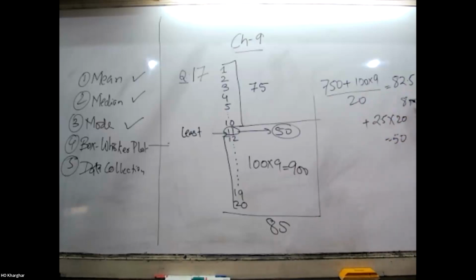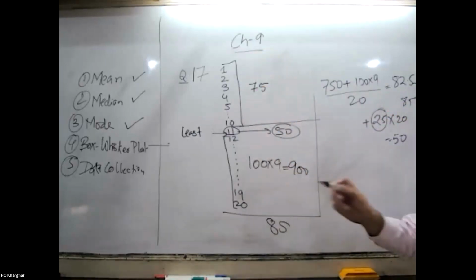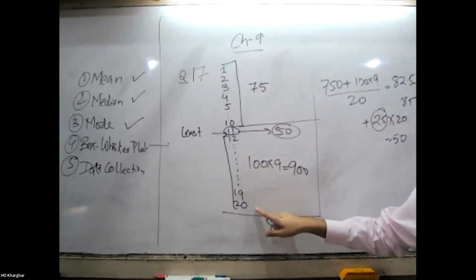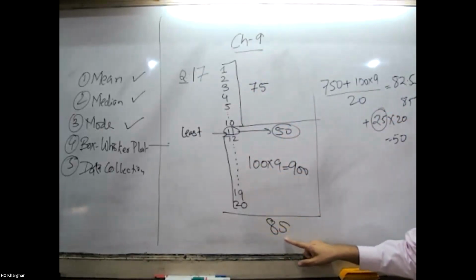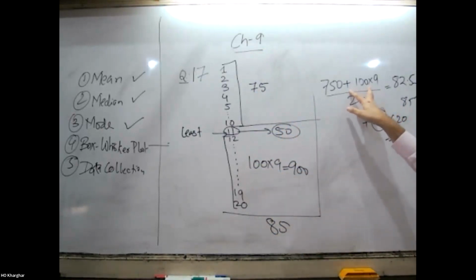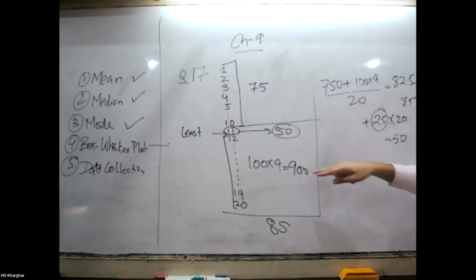But you want to reach 85, so the deficit of 2.5 must come from all 20 people. It's like 20 people go on a picnic and the cost per head should be 85. You calculated 82.5, whereas it should be 85. The deficit is 2.5 and it should be distributed across all these people. So 2.5 into 20, the answer would be 50. This is correct.